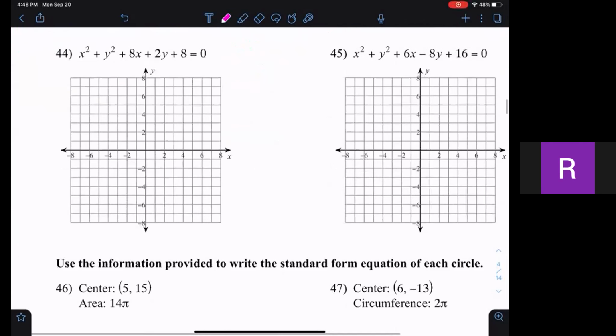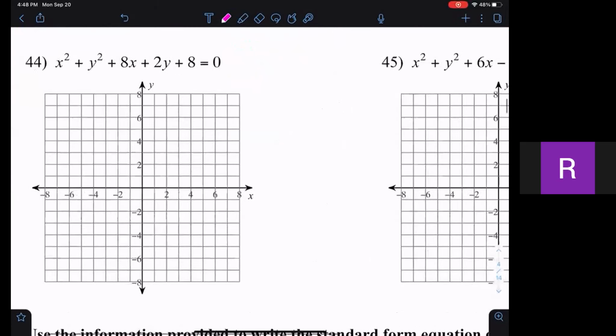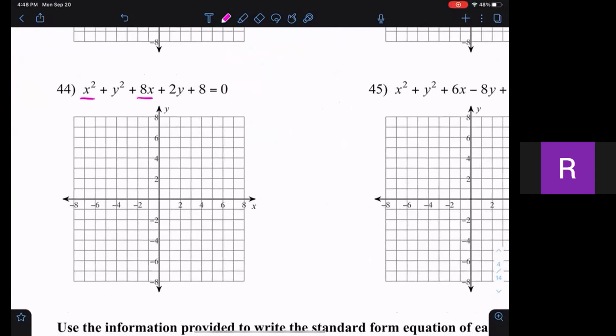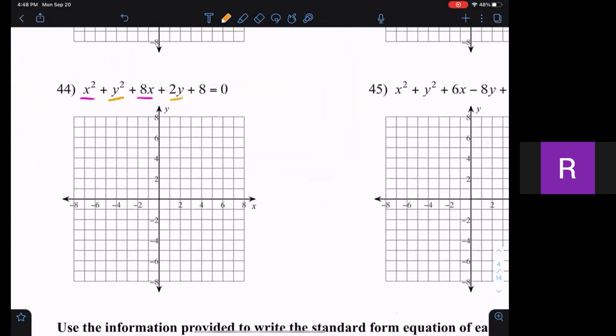Okay, next. So now this is not in standard form. You need to complete the square now. Okay, so put the x's together, put the y's together, and then you move this to the other side, right? So this is going to be x squared plus 8x, y squared plus 2y, and then this is equal to the negative number that is on the right side.